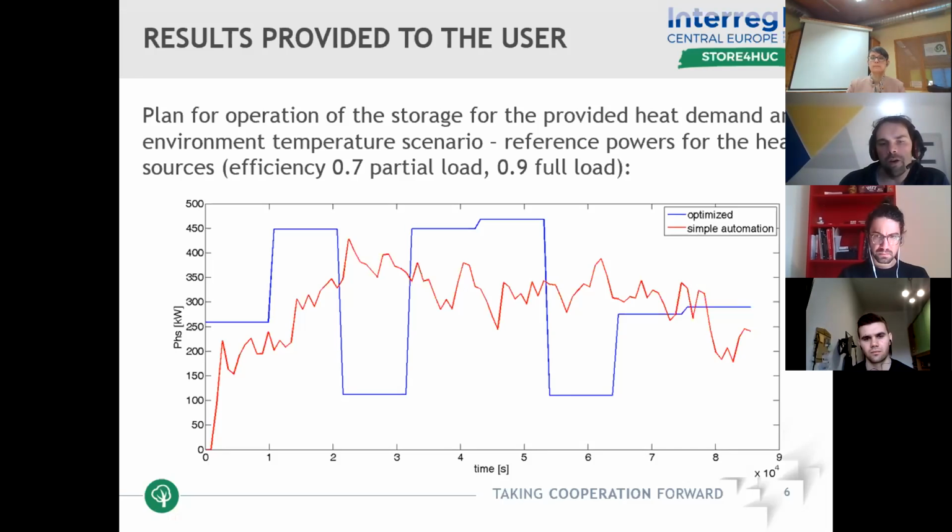And also, what we are using are the residual heat, which is available in the boiler once it is switched off. So we are also using it and taking care of it with the model, because we consider that still there is available power in our heat source once we switch it off, because you have this source and its, let's say, metal mass is heated up, which still can provide heat to the water running through it for a while.